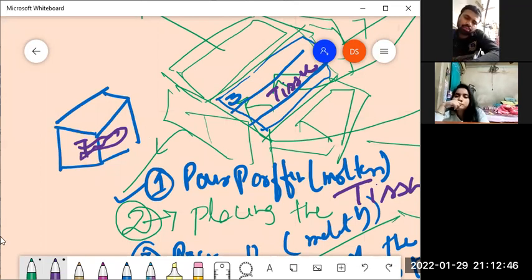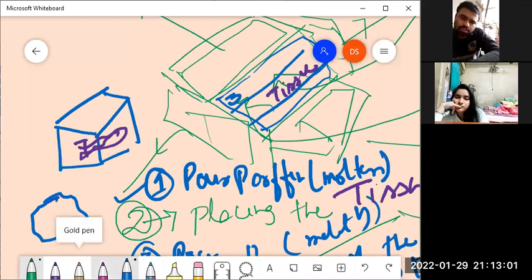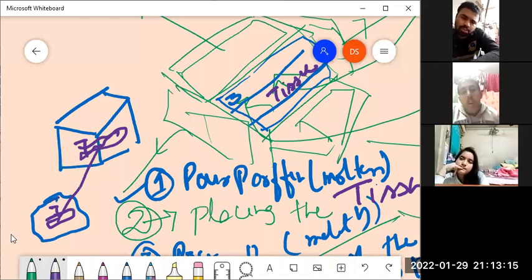So after removal of some edges of the solidified paraffin, we are now left with a rough shaped paraffin. With this blue, I am representing the paraffin, inside which there is still this tissue present. Here. Now we need to mount it up.